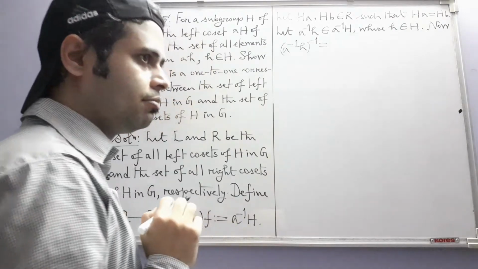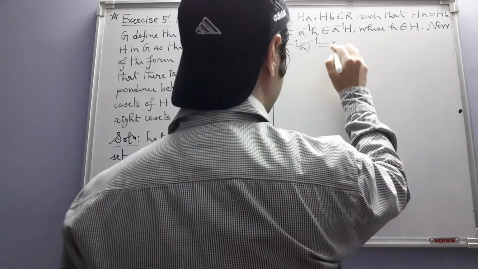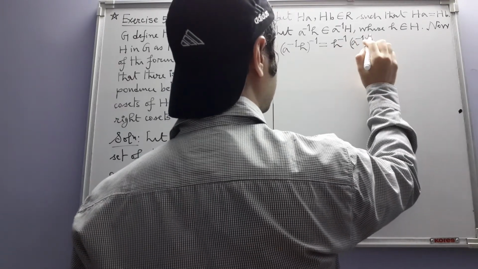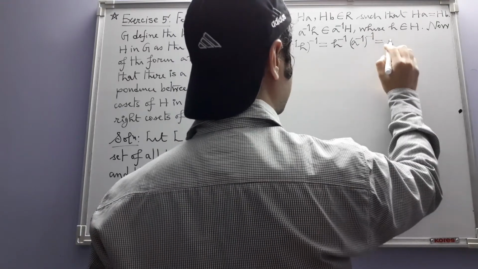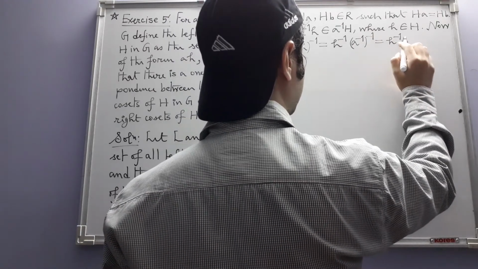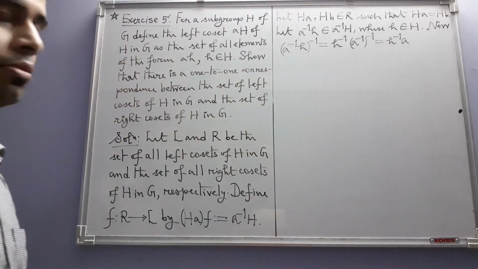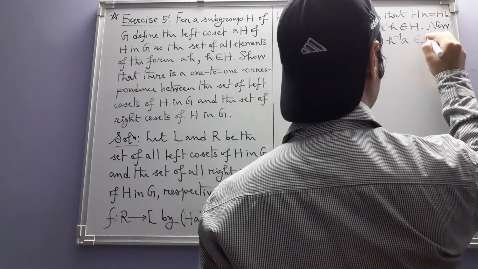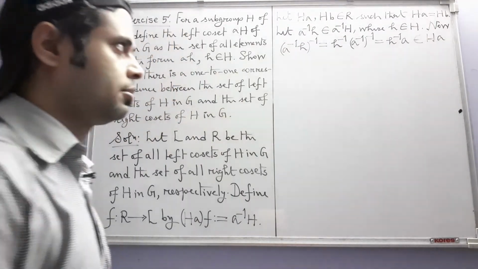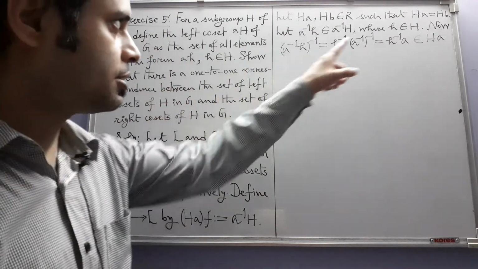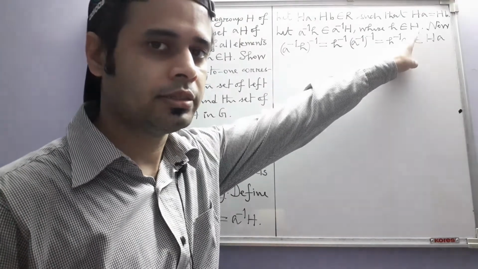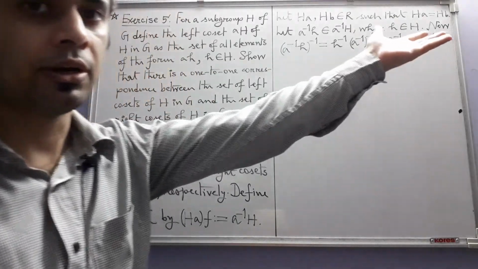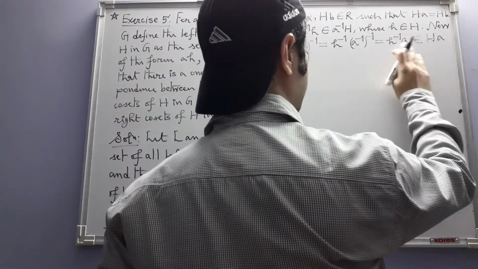According to the formula for the inverse of a product of two elements, this will be h inverse times a inverse inverse. That means this is equal to h inverse a. Now h inverse a is an element in Ha. And why is that so? That is because you see, h is in capital H and capital H is a subgroup. So h inverse, this single inverse, will be again in capital H. So by definition of this right coset, this will belong to Ha.